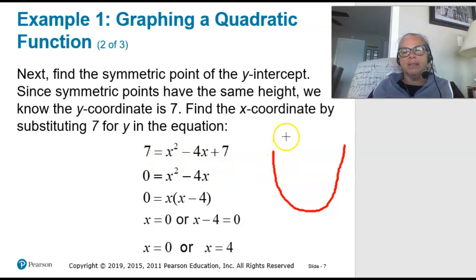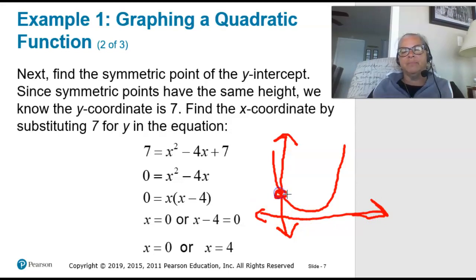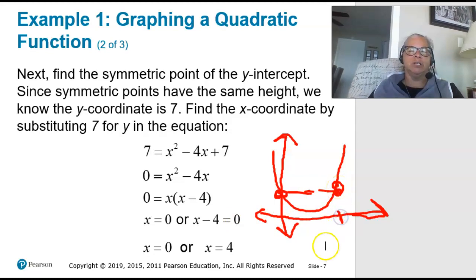We know that the y-intercept is (0, 7). That means there's a point directly across over here. And that's what we're trying to find right now. We know that the output has to be 7 here because it's 7 tall again, but we just don't know what the x value is down here.